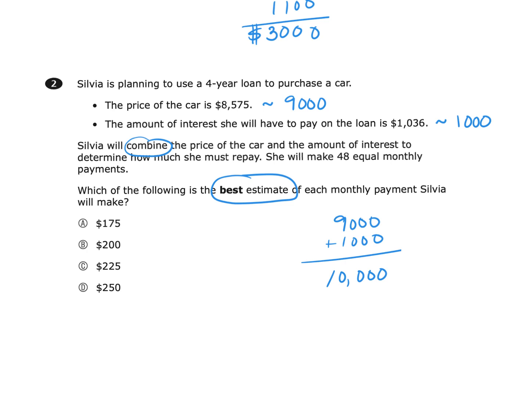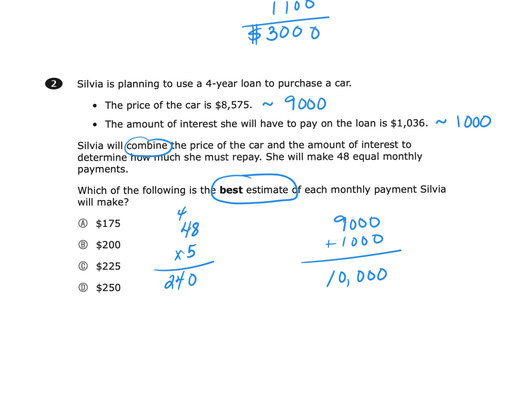Probably the easiest way to do this would be to take 48 and multiply it by 5 just to see what we get. 5 times 8 is 40, carry the 4. 5 times 4 is 20, plus 4 is 24. So 48 times 5 is 240.